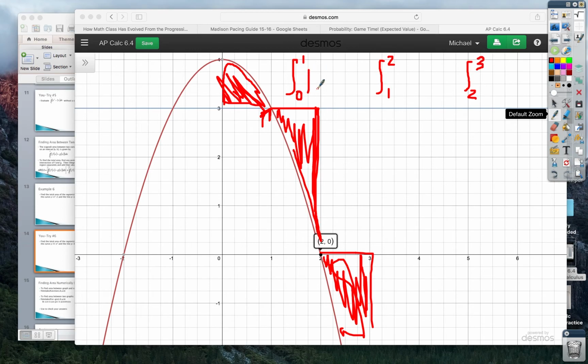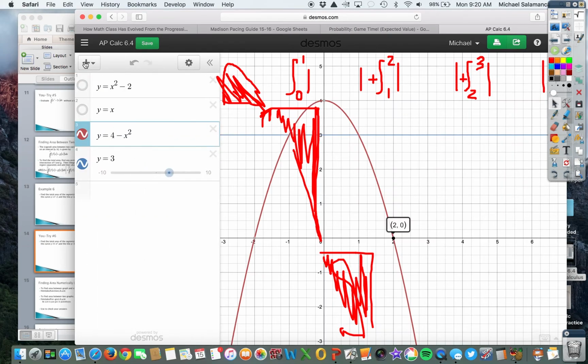And then we're taking the absolute value of each one and adding them up. And our function here is going to be what we started with, 4 minus x squared.